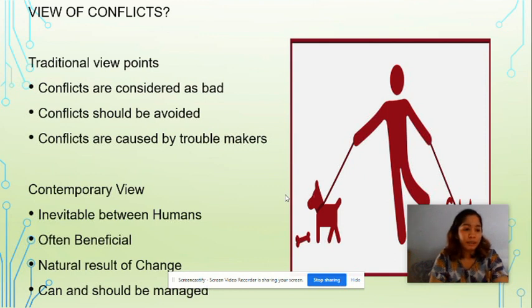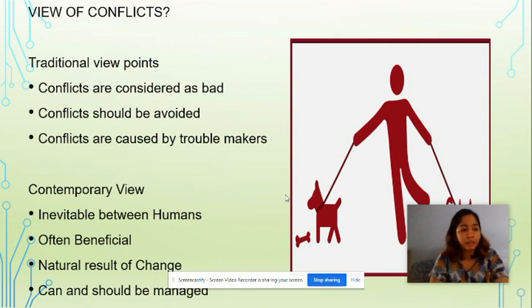Besides that, when we look at the view of conflict, from my side here, I have stated two viewpoints, which are the traditional view and the contemporary view. The traditional view considers conflict as bad. Conflict should be avoided. Conflicts are caused by troublemakers.